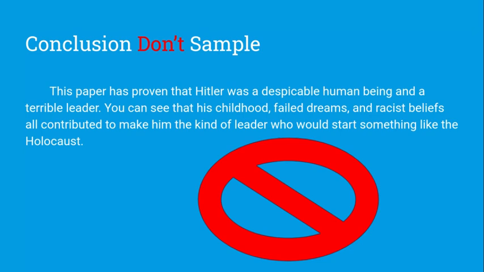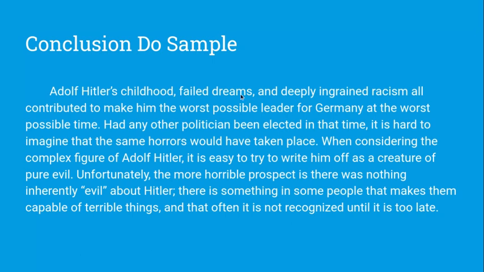And here, this is not what you want to do. It uses, like, this paper has proven, and we can see, it really takes 2 sentences to just reiterate the thesis. Whereas this one reiterates the thesis in the first sentence. They talk about some hypotheticals. Like, if somebody else was elected, maybe this wouldn't have happened.